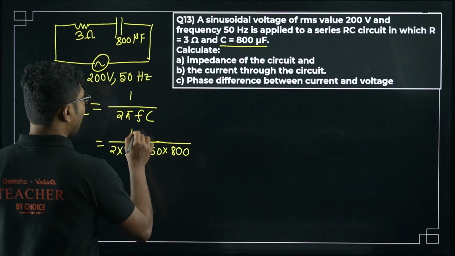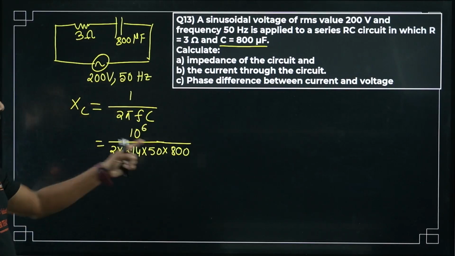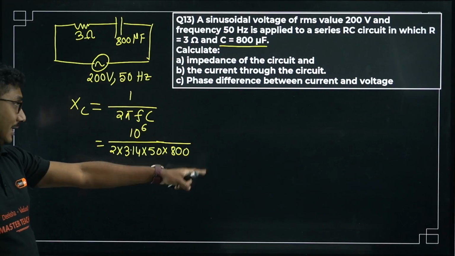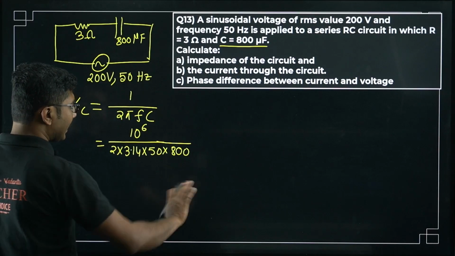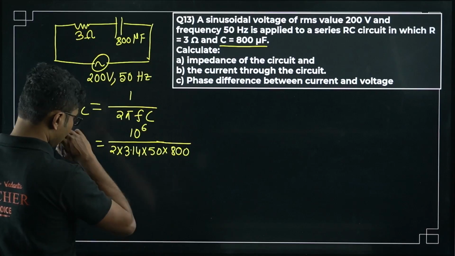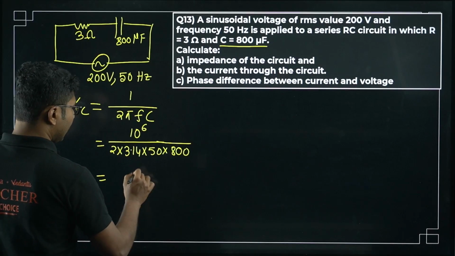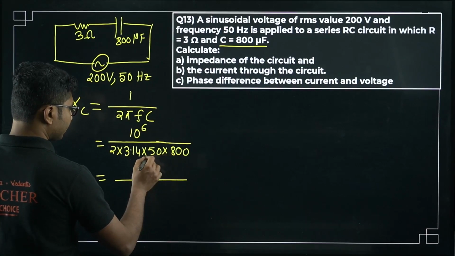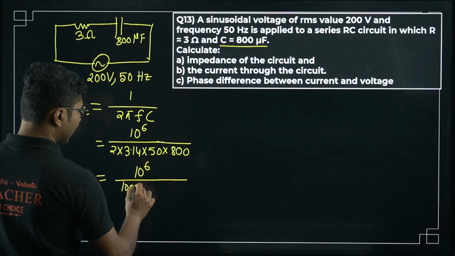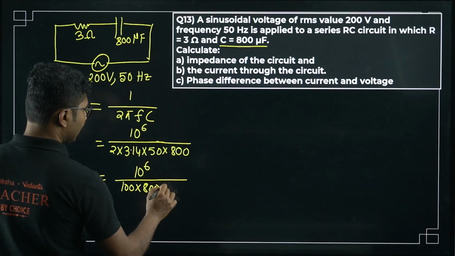So I know that microfarad means 10 to the power of minus 6, first you have to write that here, then you have to calculate. It will be 10 to the power of 6 divided by 100 into 800 into 3.14.